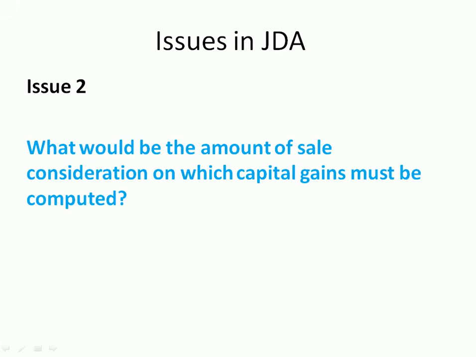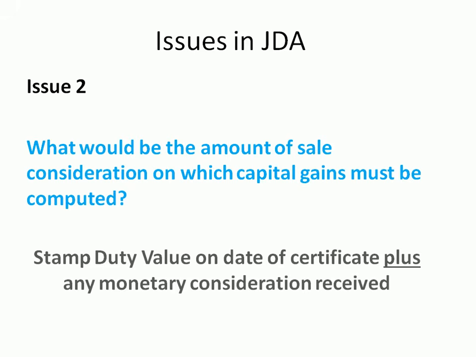Now, the second issue which can arise is what would be the amount of sale consideration on which the capital gains tax must be computed. As per section 45(5)(a), the tax would be computed on the stamp duty value on the date of the certificate plus any monetary consideration received in addition to the houses that the owner receives from the developer.